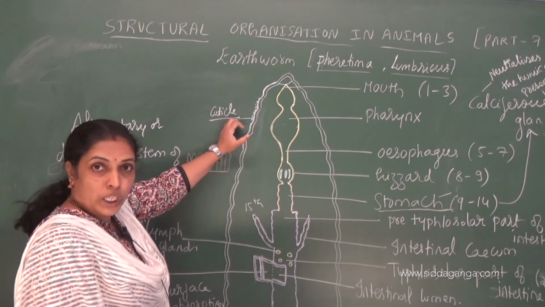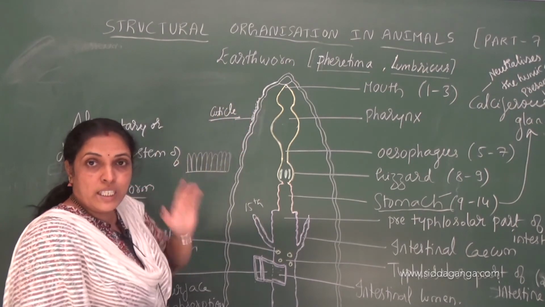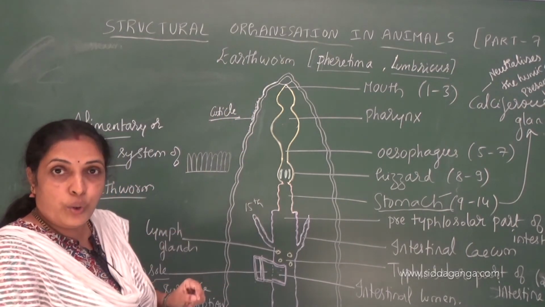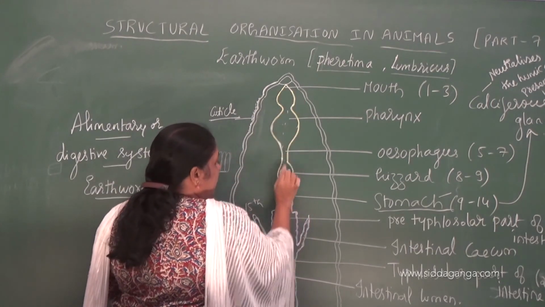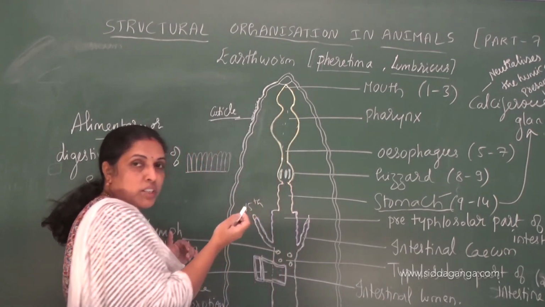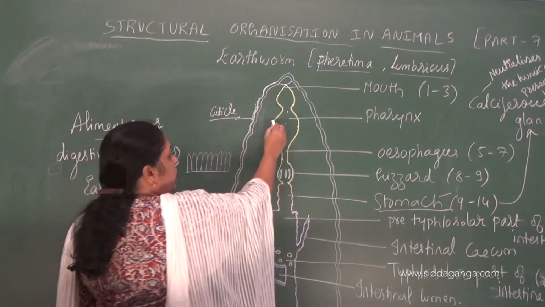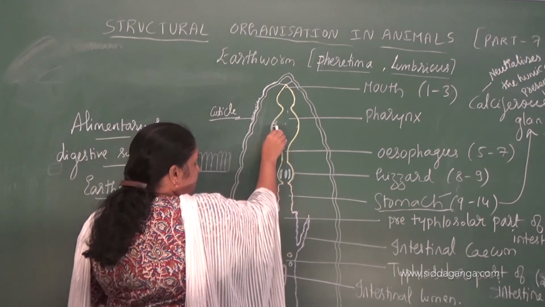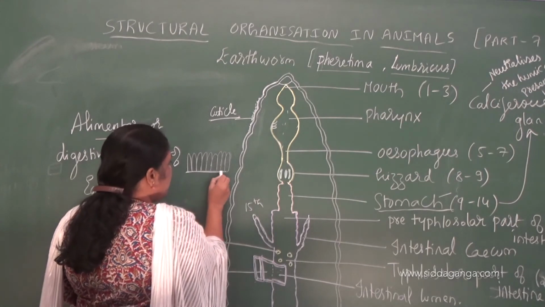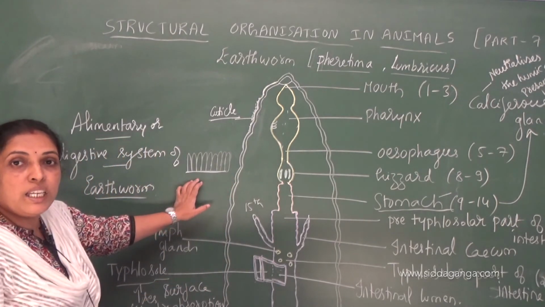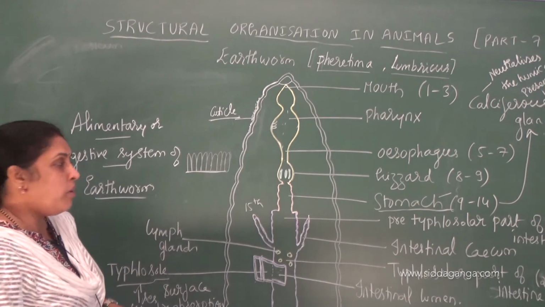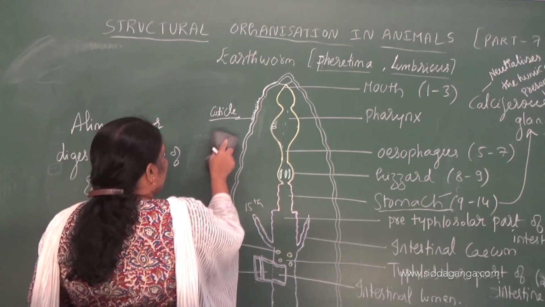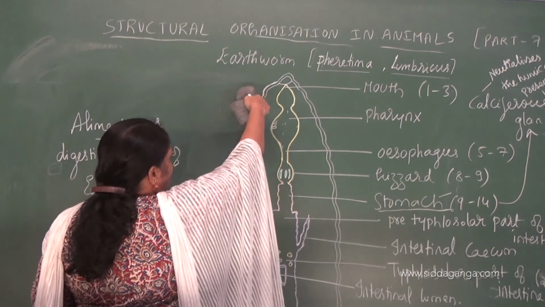It is called the cuticle. Below the cuticle, we see circular muscles, then longitudinal muscles. After these, we see the coelom. Coelom means cavity, and it is lined by epithelium called the coelomic epithelium. It is made up of a single layer of columnar cells with glands. Understood?